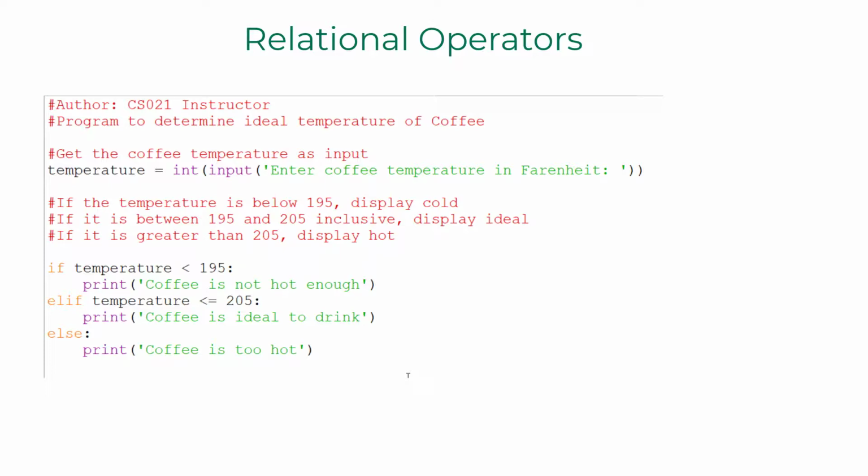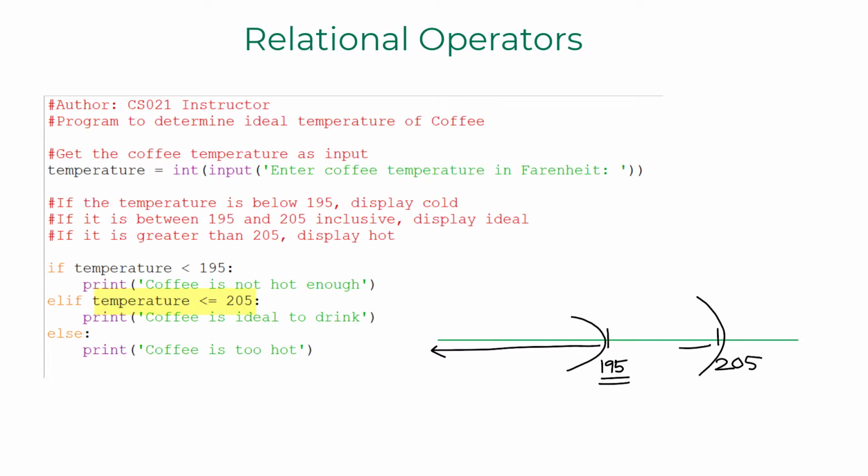We will use the number line again to make sense of the if, elif, else code block that we have here. If the temperature is less than 195, it would take care of all the values that are less than 195, but it would leave out the value 195. Then if we write elif temperature less than or equal to 205, that's when 205 is included and all the temperatures less than 205 and greater than 195.